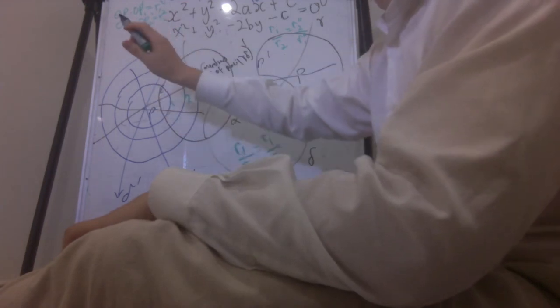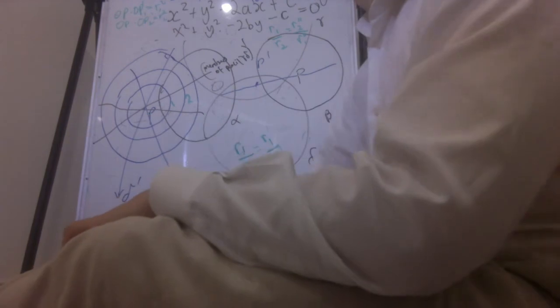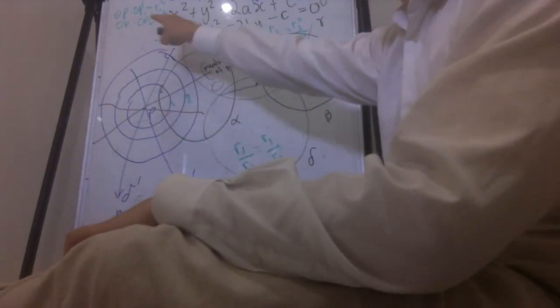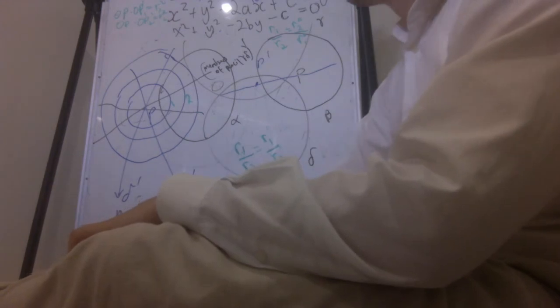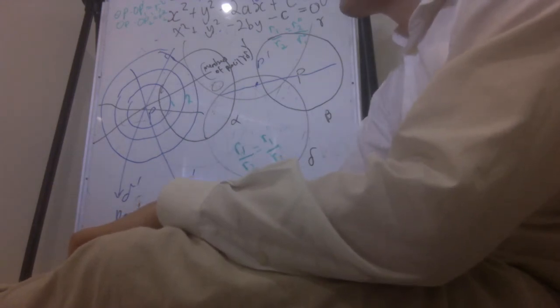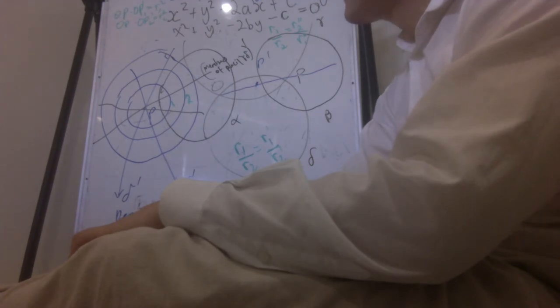I guess the P should be the same, no matter what. But then OP1 prime and OP2 prime are given by different radii of inversion. So the inversion and OP is constant, so we can lump that all together.